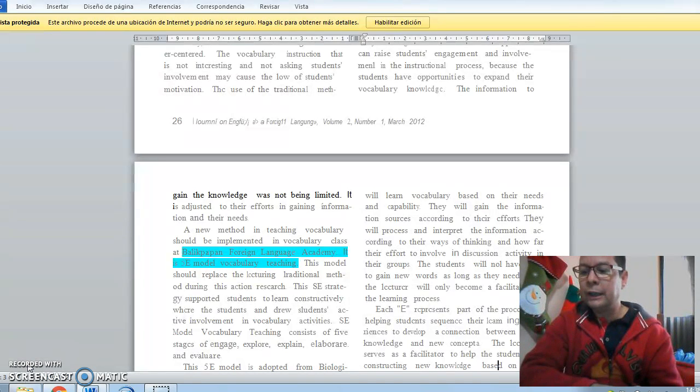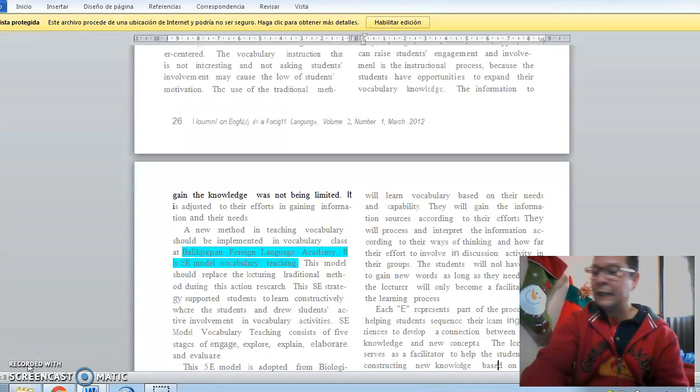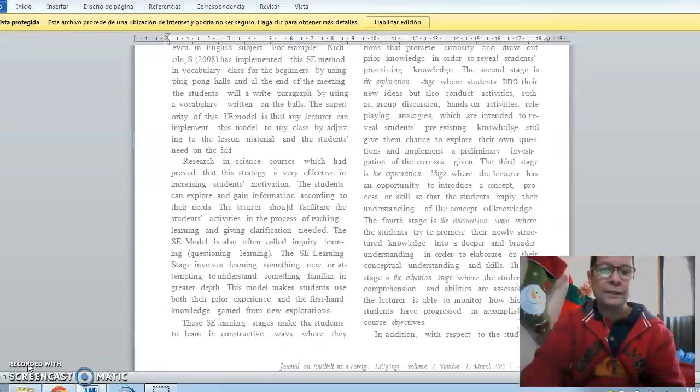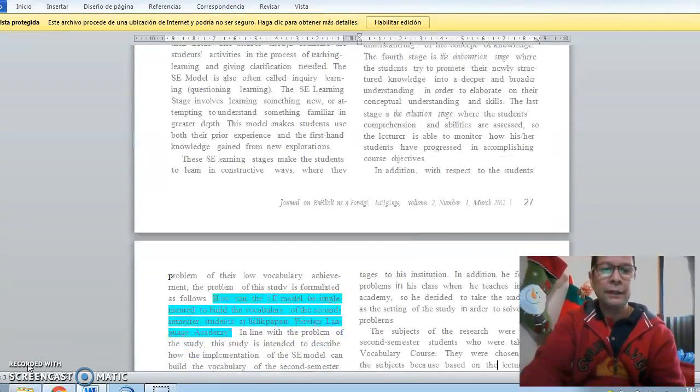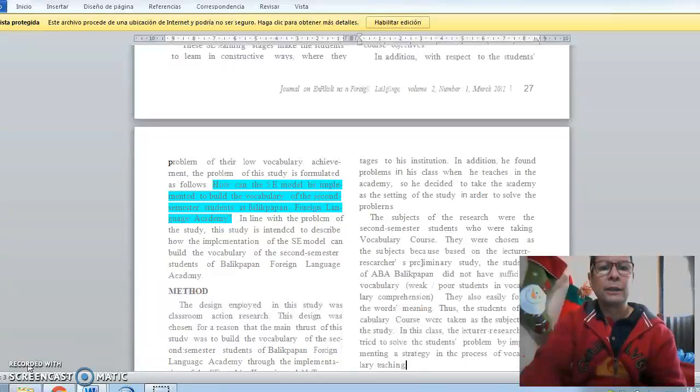The well-known 5E model is to engage, explore, explain, extend, and evaluate, as we can see right here.